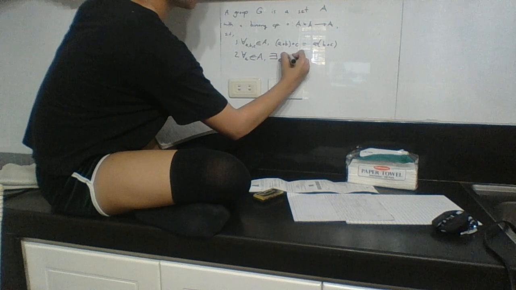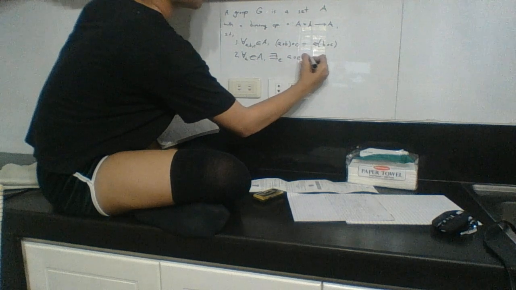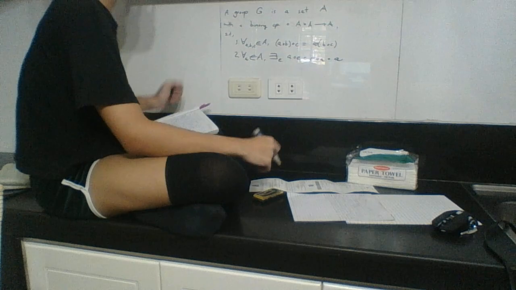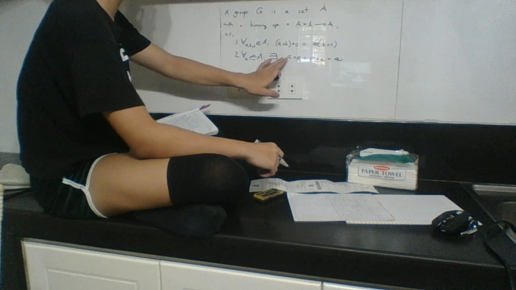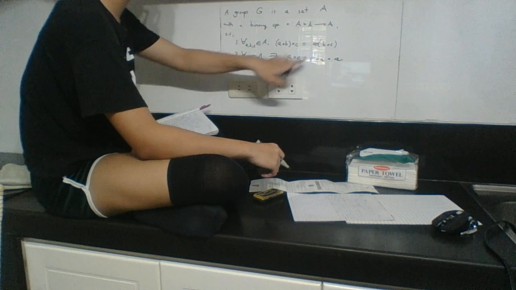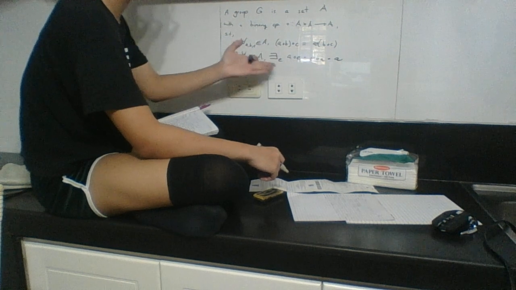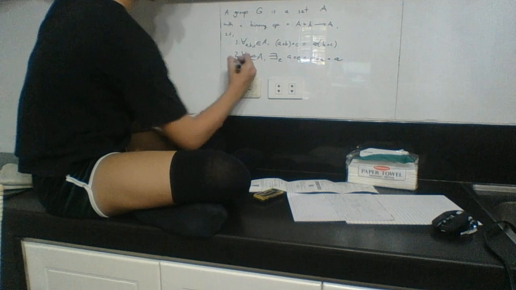There must be another element, or there exists, not really must be, but there is another element, which I call e, such that a circ e is the same as e circ a, which is just a. So I have an element such that if I apply the operator on that element and our given element a, it just leaves a. It doesn't do anything, essentially.